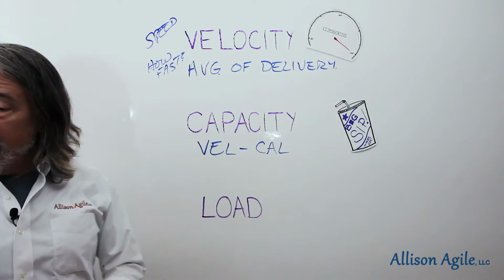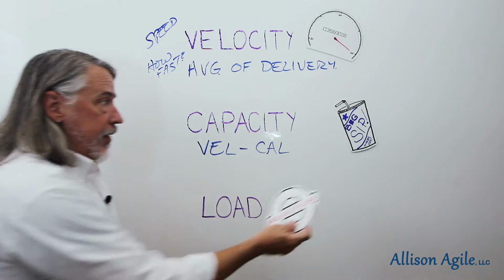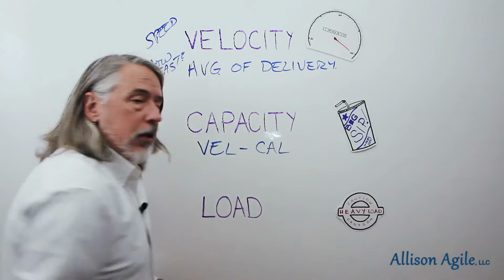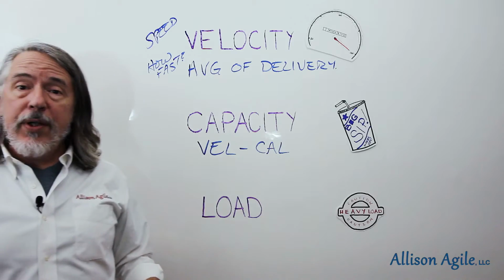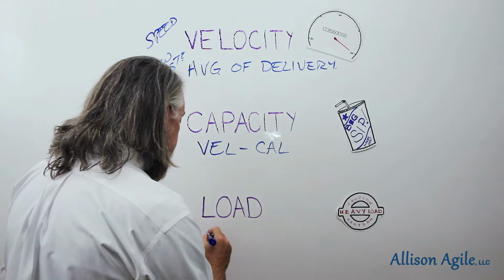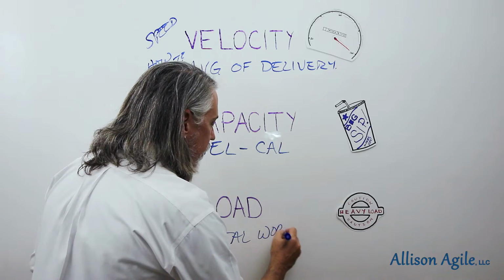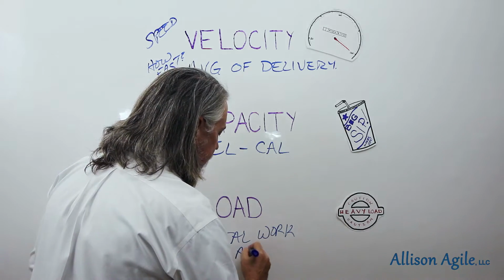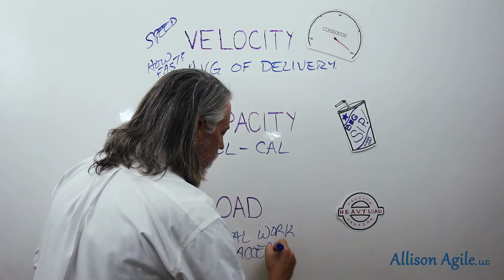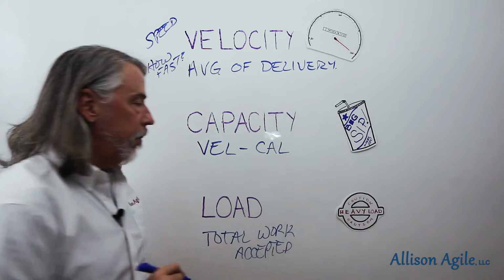And then finally, load. And for load, we're going to put this warning stamp right over there, caution heavy load. Load is simply total work accepted by the team itself. Total work accepted, there we go, by the team.